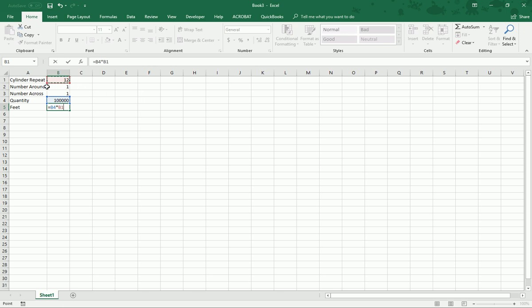And then since more around would actually make us require less feet, we divide it by the number around, and we also divide it by the number across, right? And we divide all of that by 12 because here we have inches. 100,000 times 12 was 1,200,000 inches, and we need to divide it by 12, and that is the number of feet required. So it makes sense, right? And that's 12 inches is 1 foot.